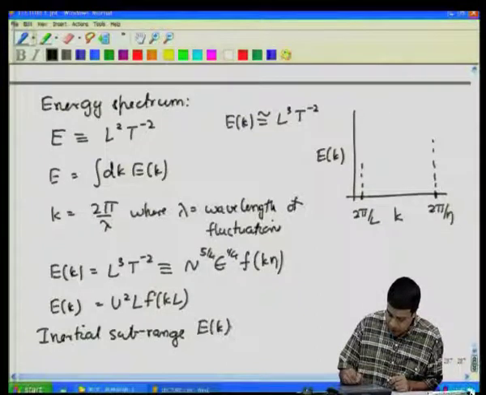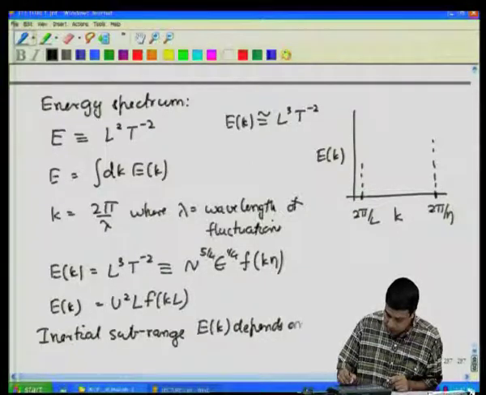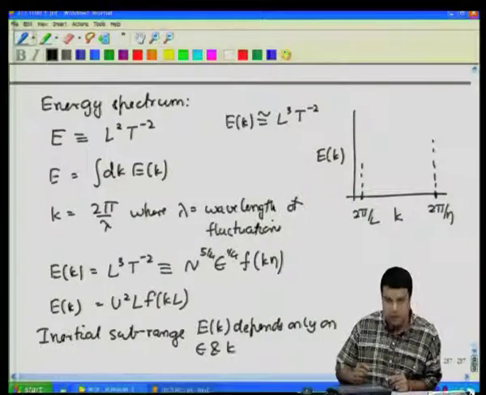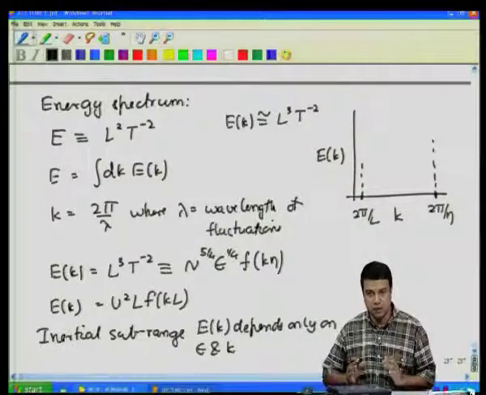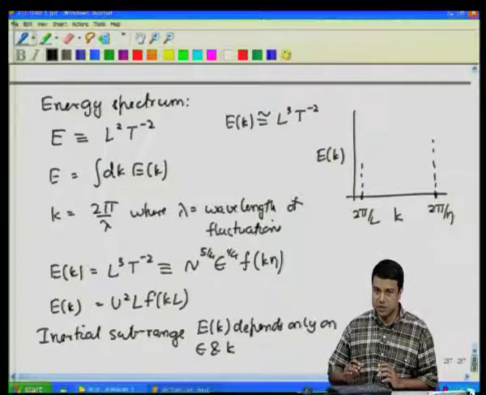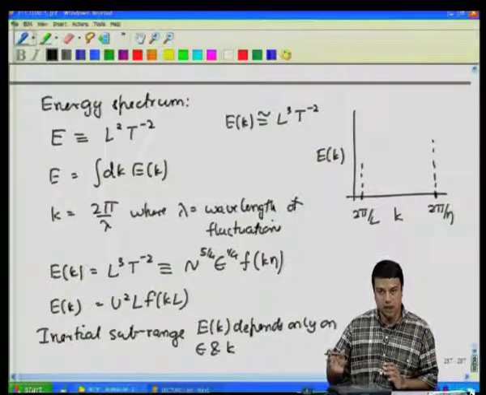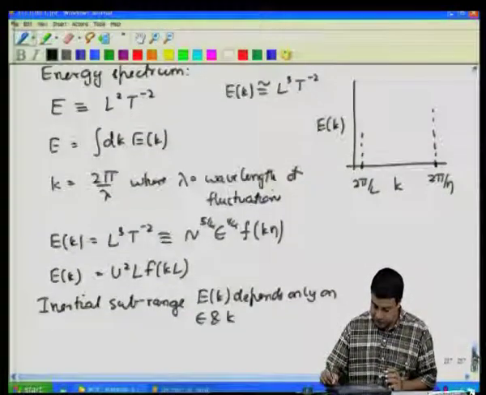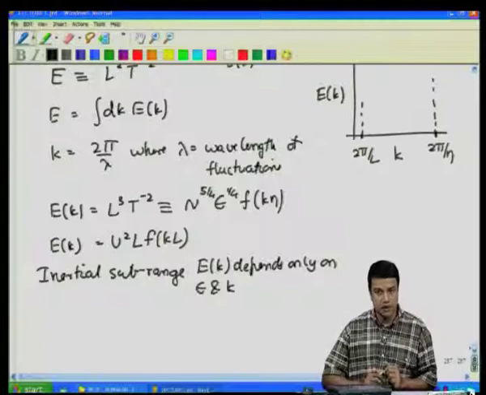E of k depends only on epsilon and k. It cannot depend upon nu because the length scales are much larger than the Kolmogorov scales. It cannot depend upon U and L because the length scales are much smaller than the macroscopic scales. So, it can depend only upon epsilon and k.